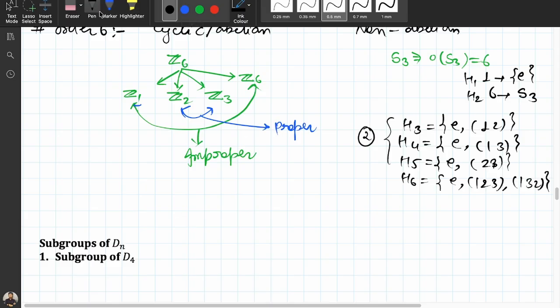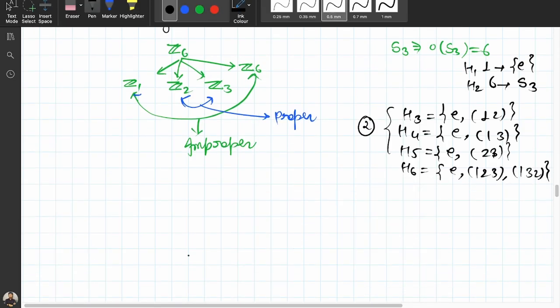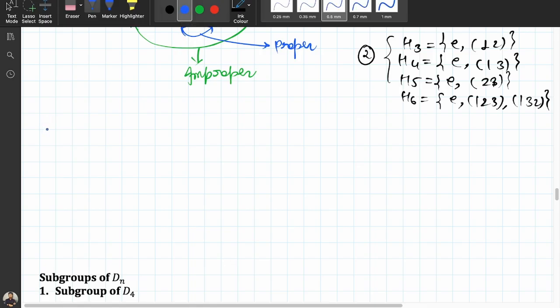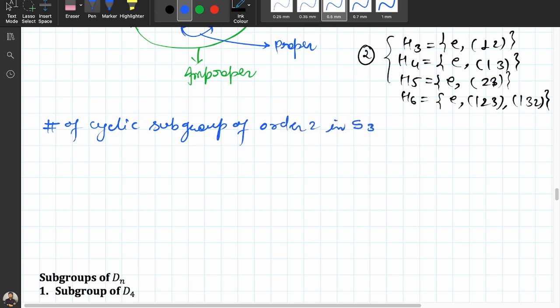Now from here, if the question arises, the number of cyclic subgroups of order 2 in S3, first of all we need the order 2 elements. How many order 2 elements are there?